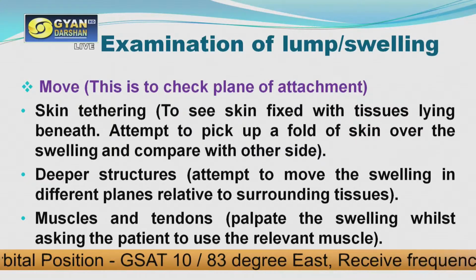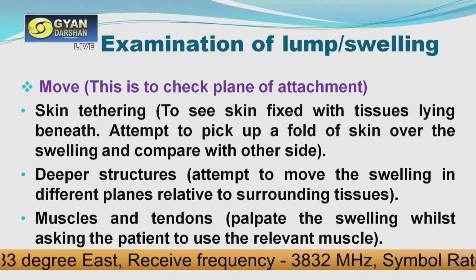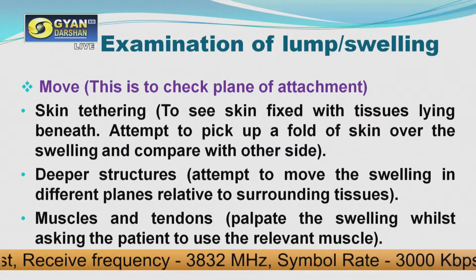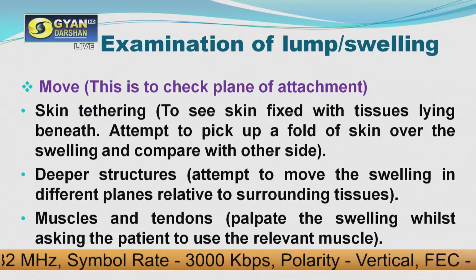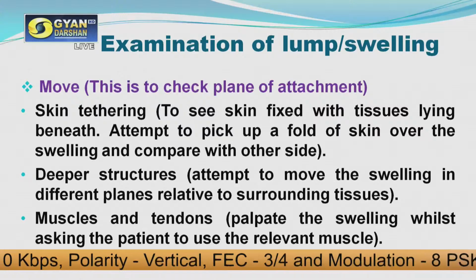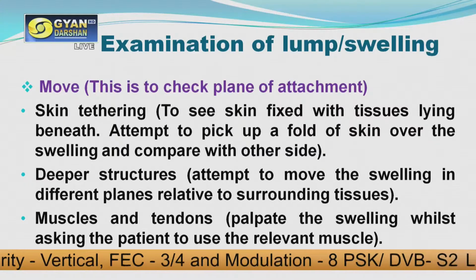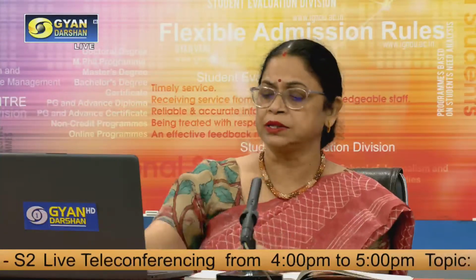If the swelling is in between the muscles and tendons, then palpate the swelling, asking the patient to use the relevant muscle also, like you ask the patient to stretch or relax the muscles, and in between you try to see whether the lump is moving or not moving, etc.